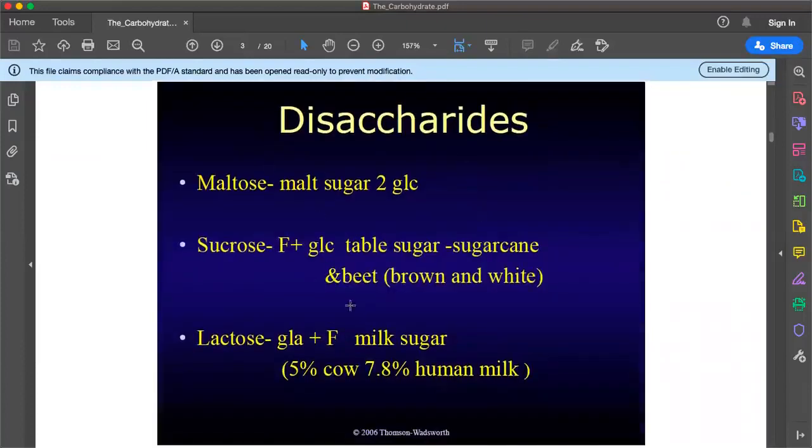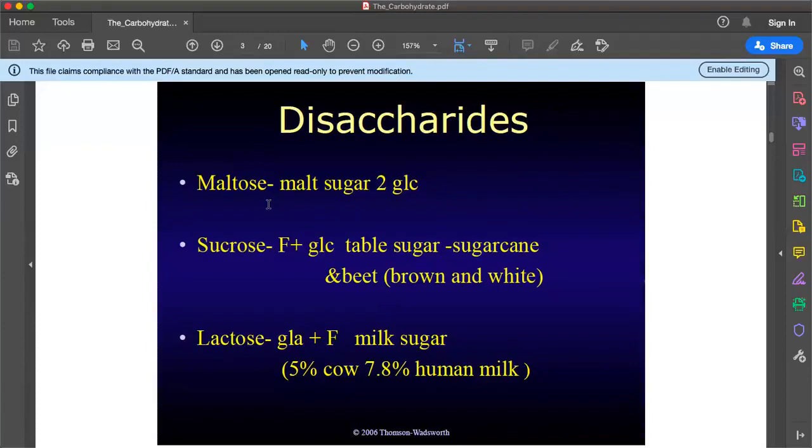I want you to remember examples of disaccharides: lactose, which is glucose and galactose; saccharose, glucose and fructose; and maltose, or malt sugar, which is part of our diet naturally. We find it in seeds. It could also be found in alcoholic beverages.